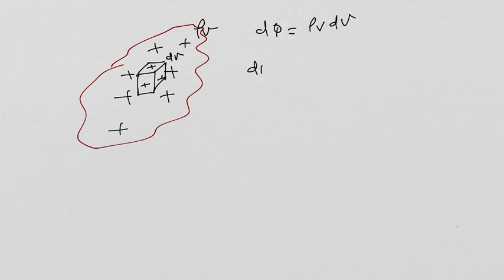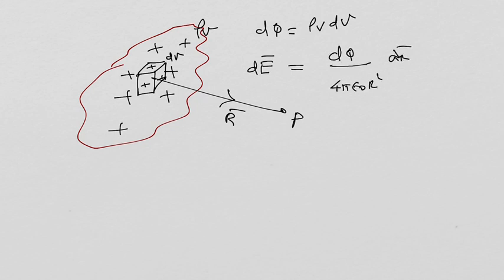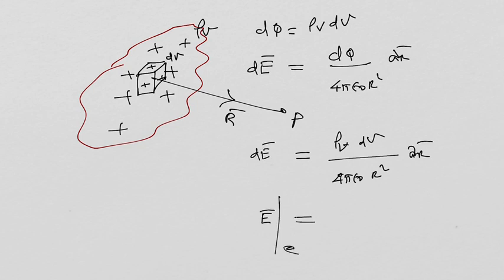At a point P at a distance of R vector, the electric field intensity is given by dq divided by 4 pi epsilon naught R squared and AR, and dq can be replaced in the case of volume charge density by rho V dV, giving dE. So E at a point P is given by the volume integral of rho V dV divided by 4 pi epsilon naught R squared into the AR vector.